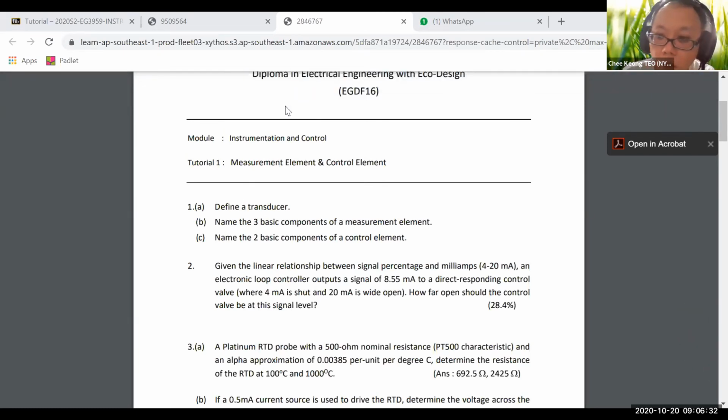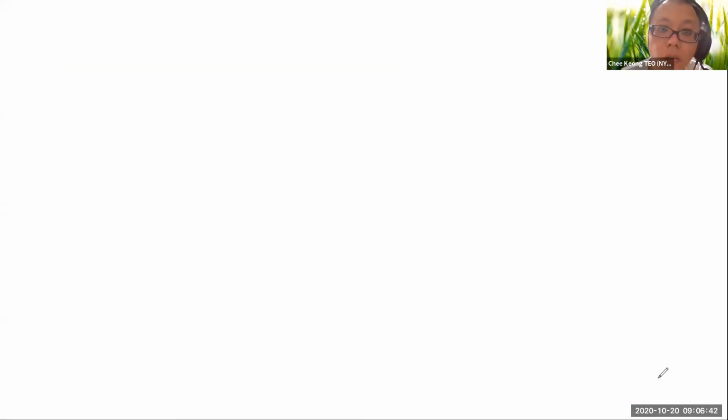I share the Word document. Okay, you all should be able to see the screen, right? Can you all see the screen?